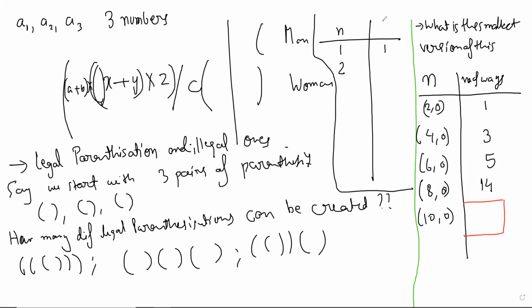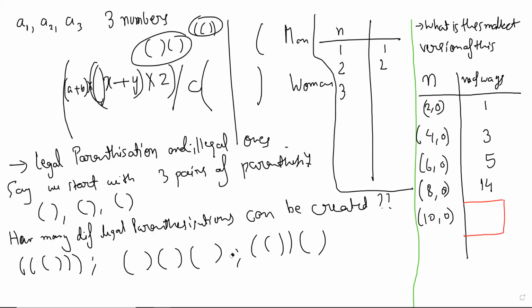If you have two pairs, then how many? Two ways, right? Because it's just like this, or you can do this nested, like this. These two are legal, so two ways. Okay, what about three? Let's do this.